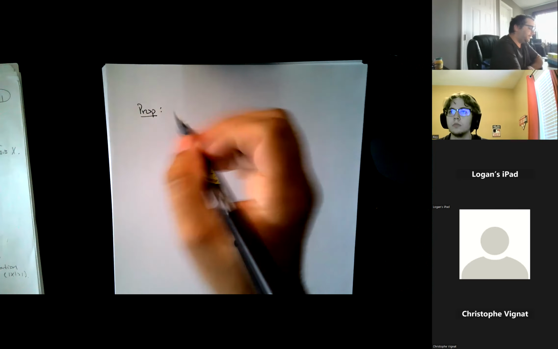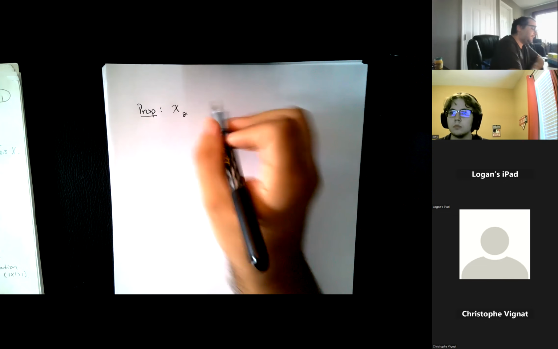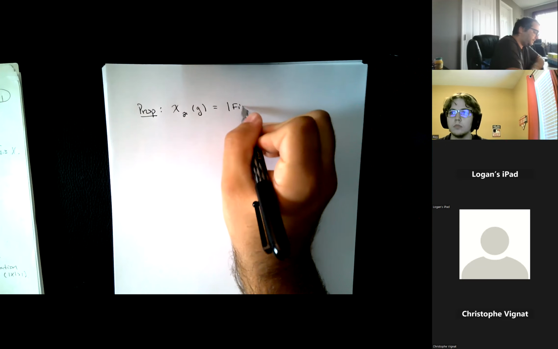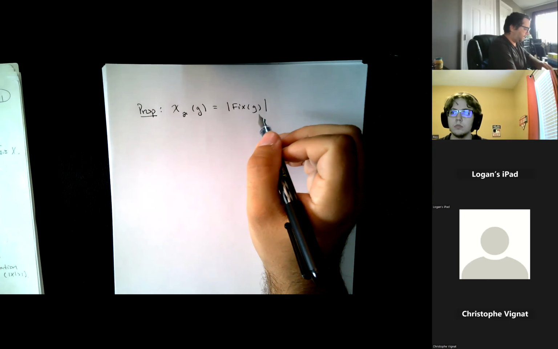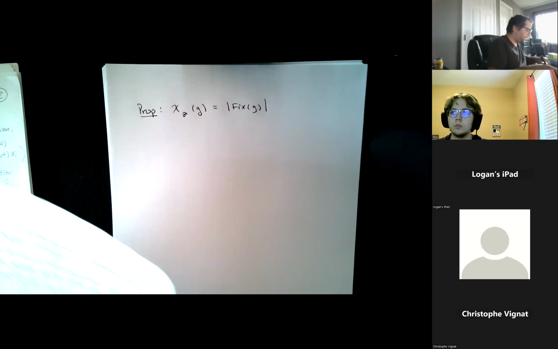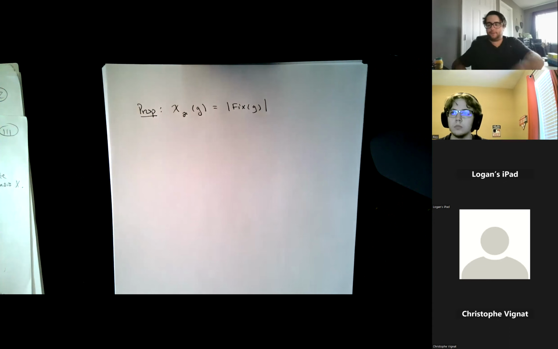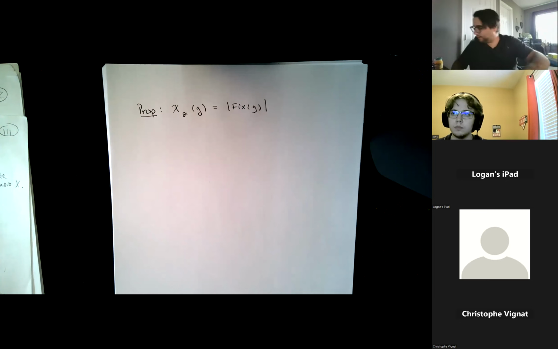Okay, so given an action, the character of this permutation representation is something that we'd really like to know. I did not seem to write down the definition of this. Okay.